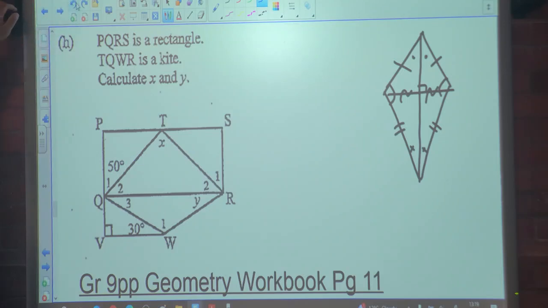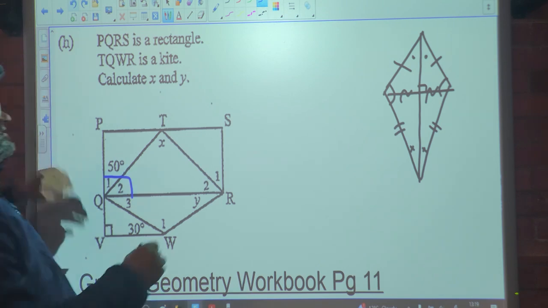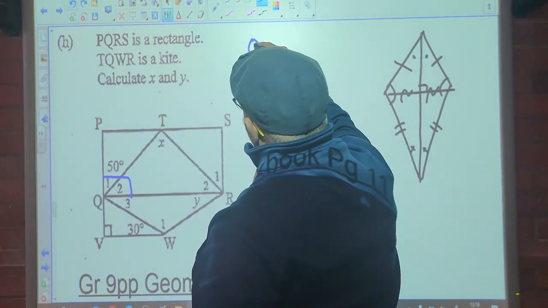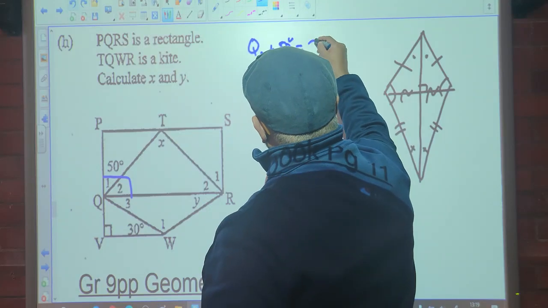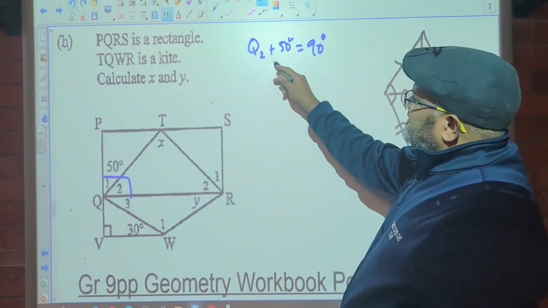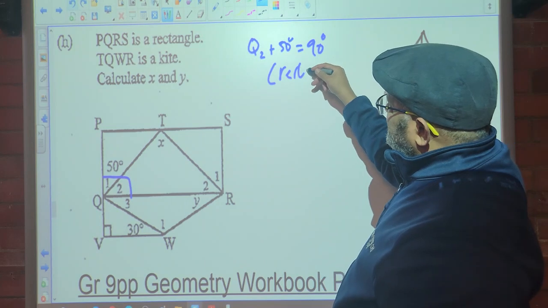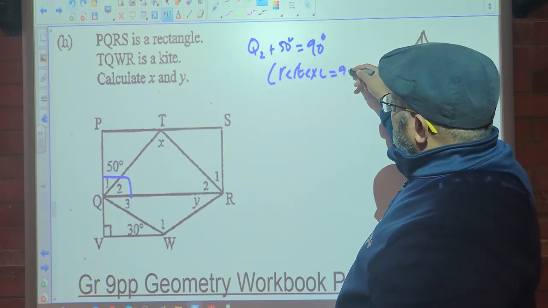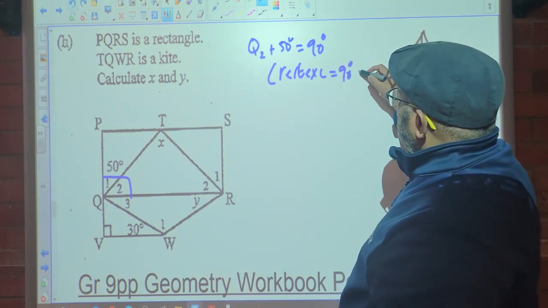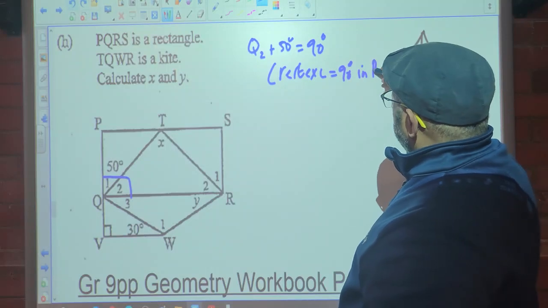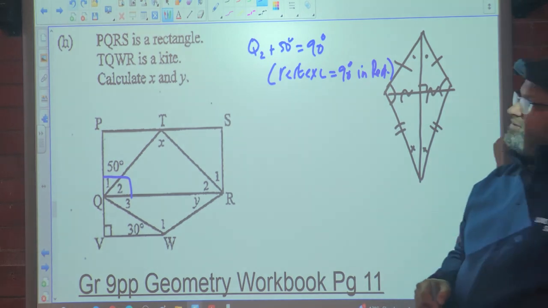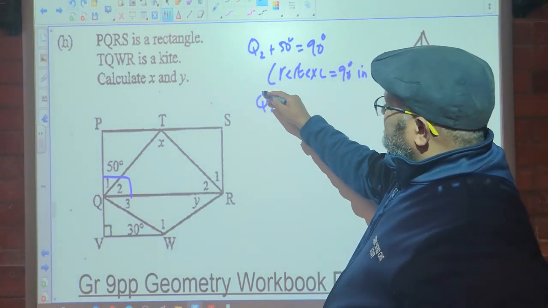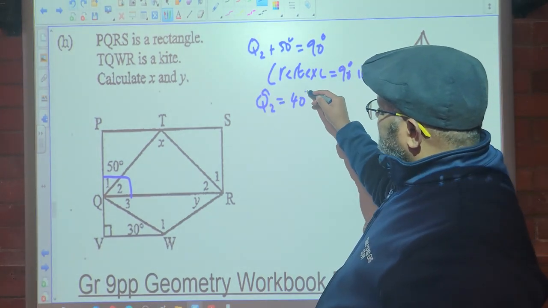How can you calculate Q2? We know that Q1 and Q2 add up to 90 degrees. So Q1 plus Q2, with 50 degrees, equals 90. And why is that the case? Because the vertex angle equals 90 degrees in a rectangle. Which makes Q2 40 degrees.